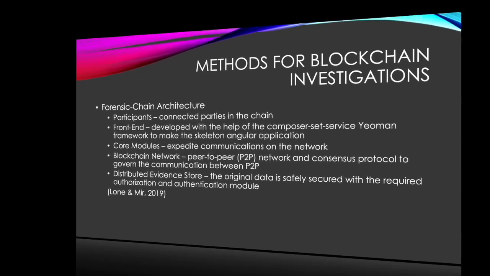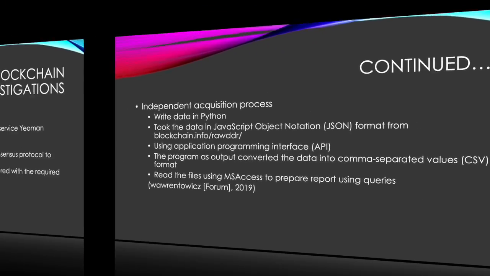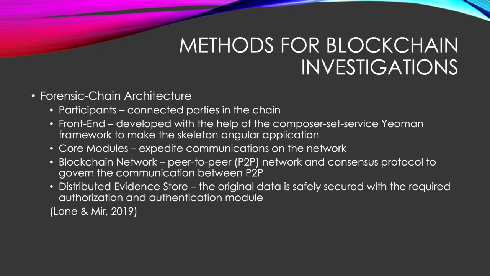Next, the core modules, which expedite the communications on the network. The blockchain network, which is the peer-to-peer network and consensus protocol to govern the communication between the peers. And then the distributed evidence store, which is where the original data is safely secured with the required authorization and authentication module.